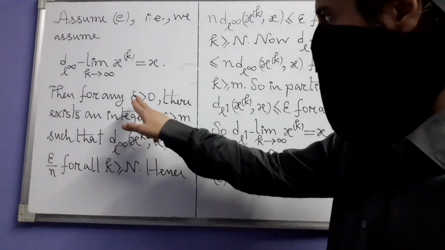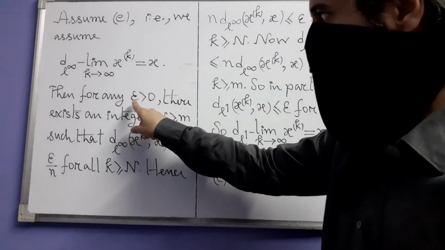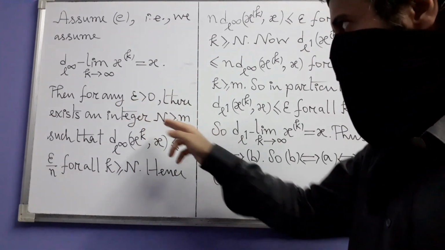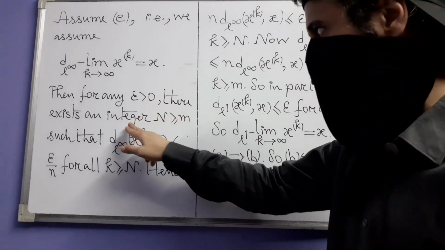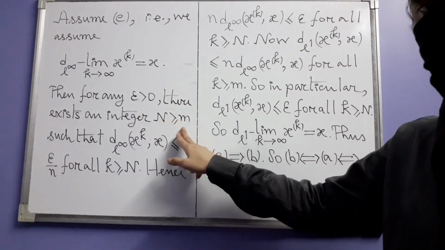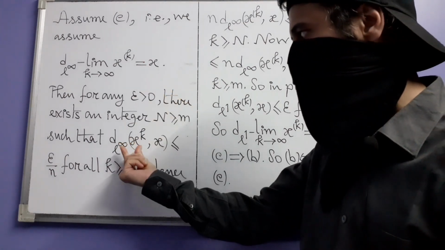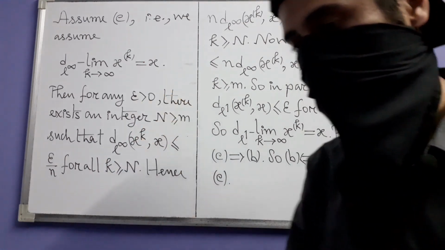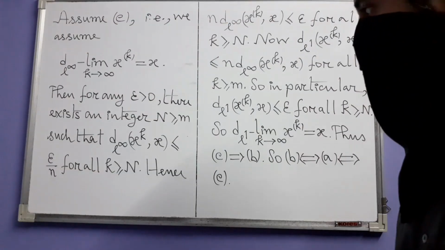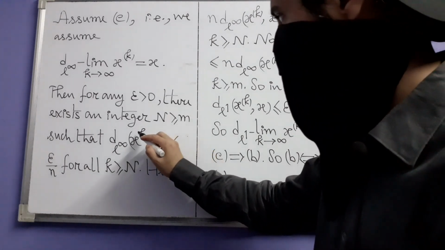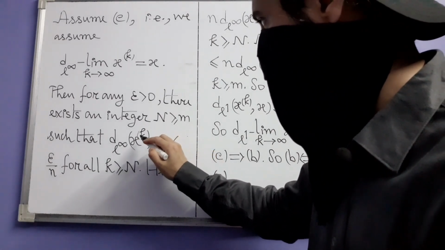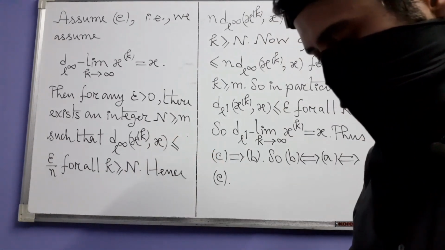That is why. So what does this mean? It means that for any epsilon greater than 0, there exists an integer n greater than or equal to m such that the dl infinity distance between xk, this k should be within brackets, otherwise the meaning changes.